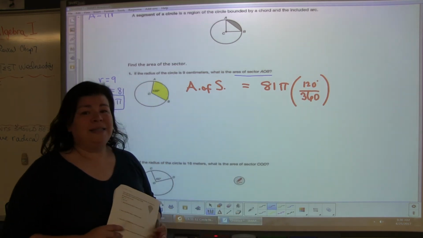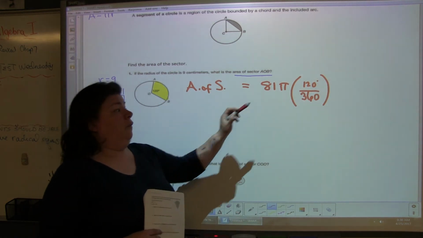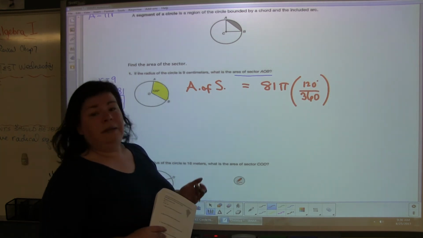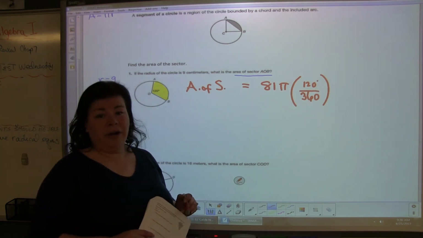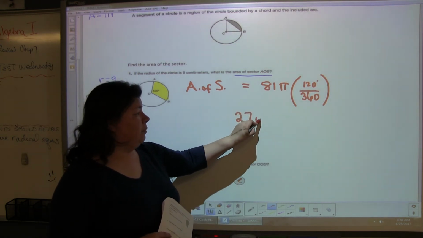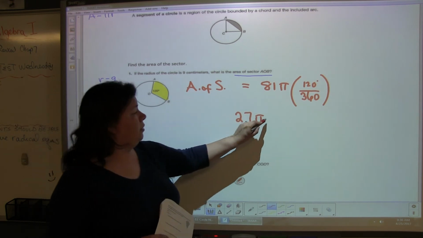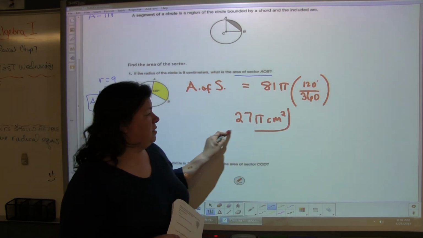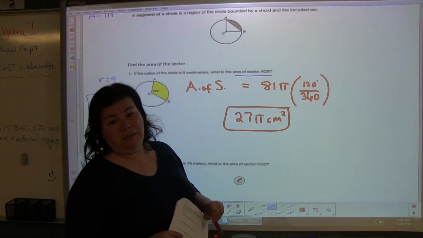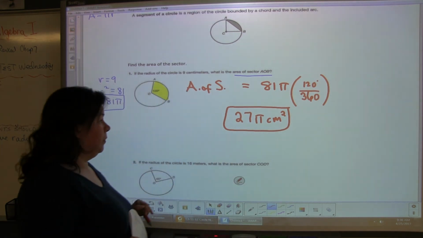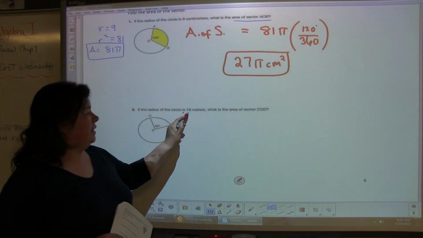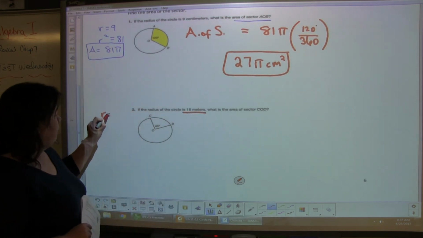Just like last night's notes, put 120 divided by 360 in your calculator, times 81, and hit math, enter, enter. We're going to leave pi in our answer, so you're going to end up with 27 pi centimeters squared, because we are given our units in centimeters, and area is squared.